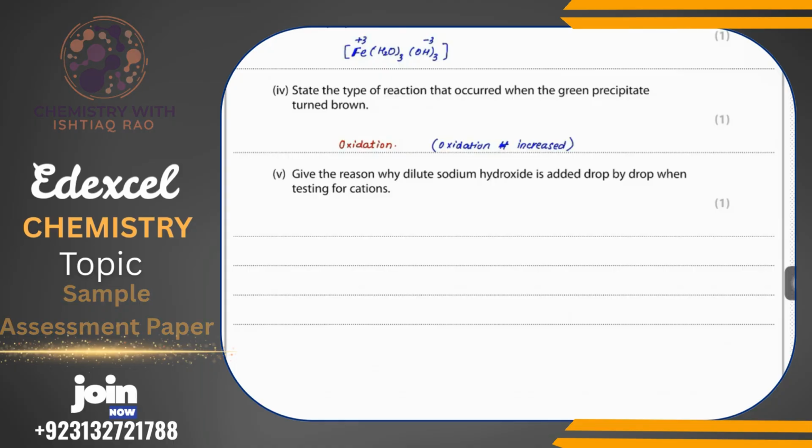Let's say in any chemical reaction, when you add sodium hydroxide drop by drop, it has to form a precipitate, but if you initially add it in excess, you will not be able to notice the formation of the precipitate. Then you will have the wrong observation. So that's why you have to add it drop by drop.